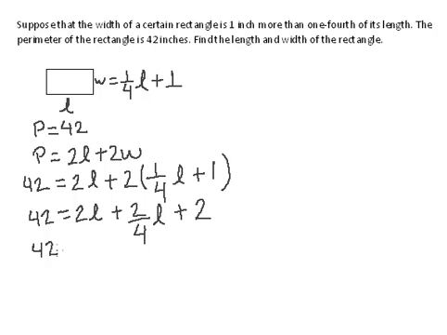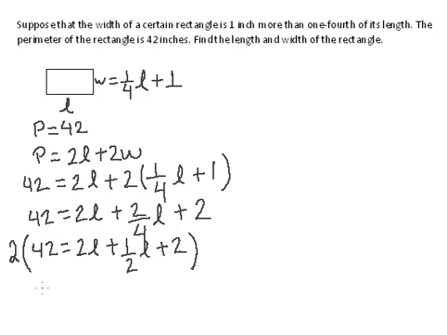Now we can go ahead and reduce the fraction. So 2 goes into 2 once and 2 goes into 4 twice. Now if we want to get rid of the denominator, we need to multiply the whole equation times 2.